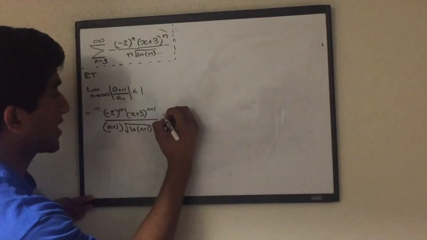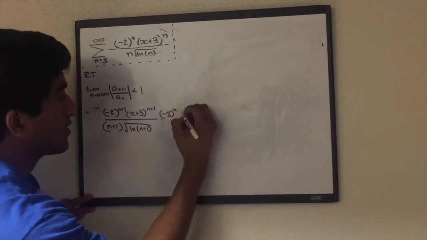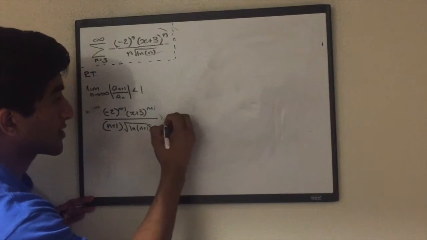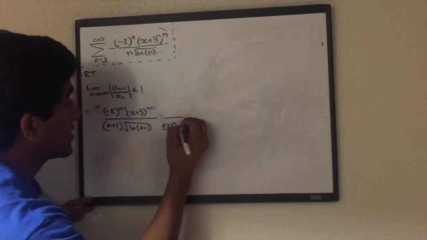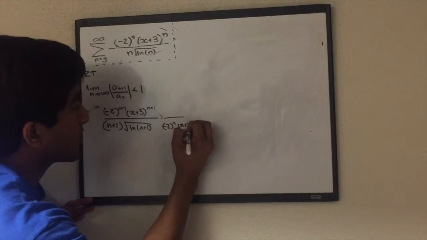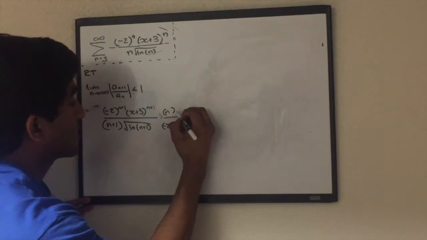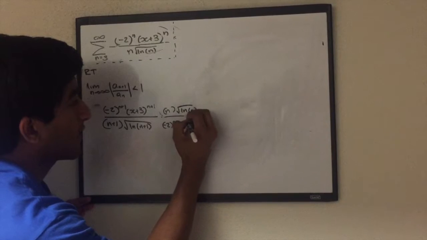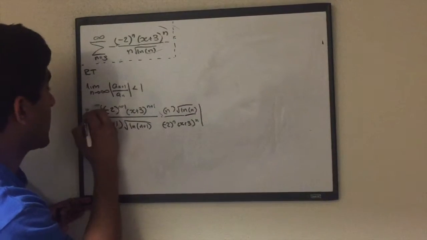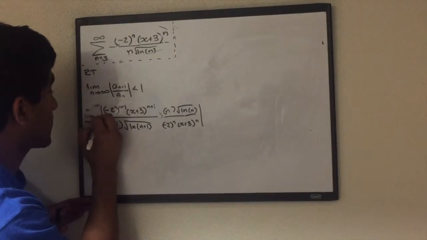So negative 2 to the n goes in the denominator, x plus 3 to the n, and the square root of ln of n. So that's all absolute value, and it's the limit as n approaches infinity of that.